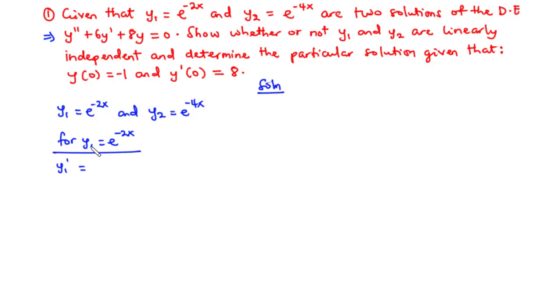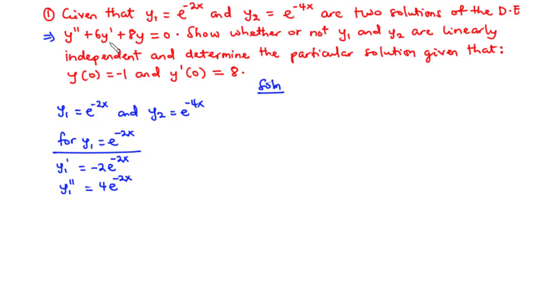Considering y1, y1 prime is going to be, we differentiate the exponent with respect to x, we have negative 2, multiplied by e to the power negative 2x. To find y1 prime prime, we differentiate this again, we have negative 2 times negative 2, which becomes positive 4, times e to the power negative 2x.